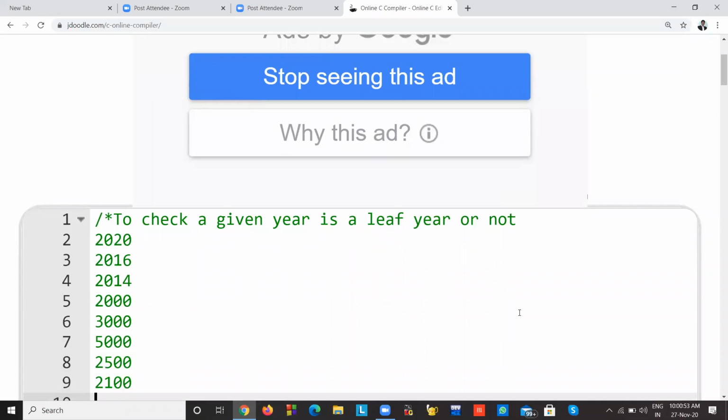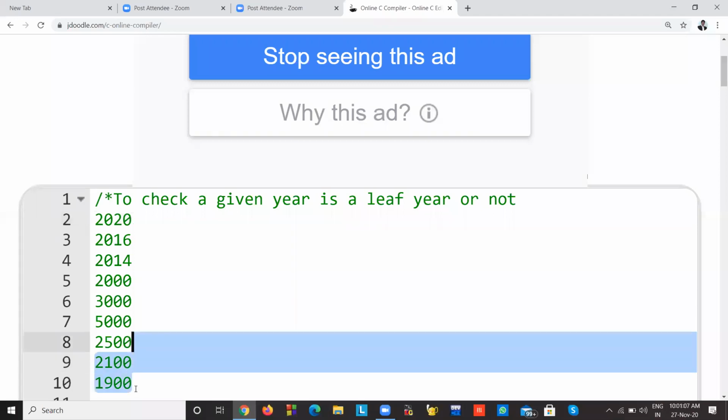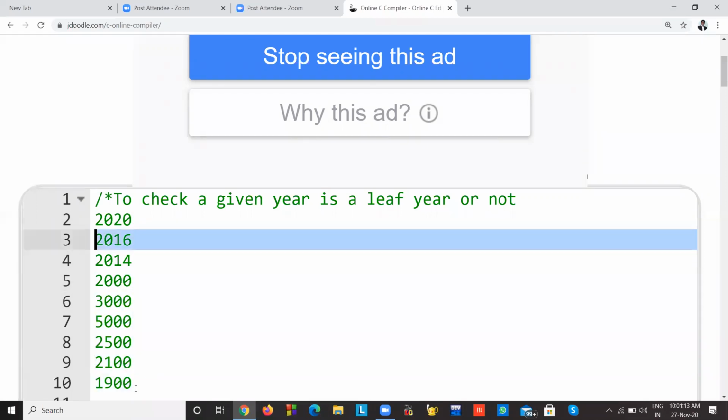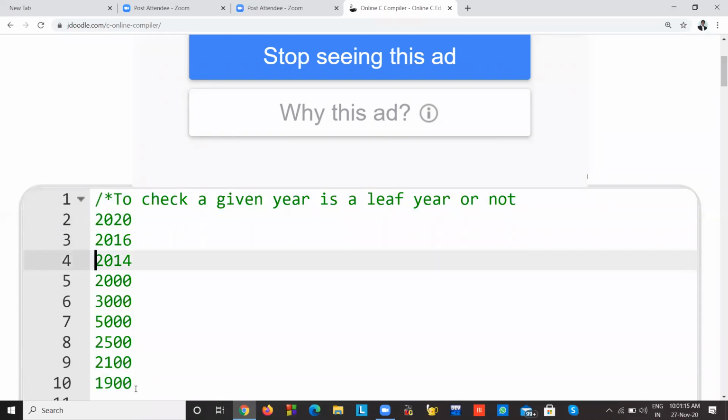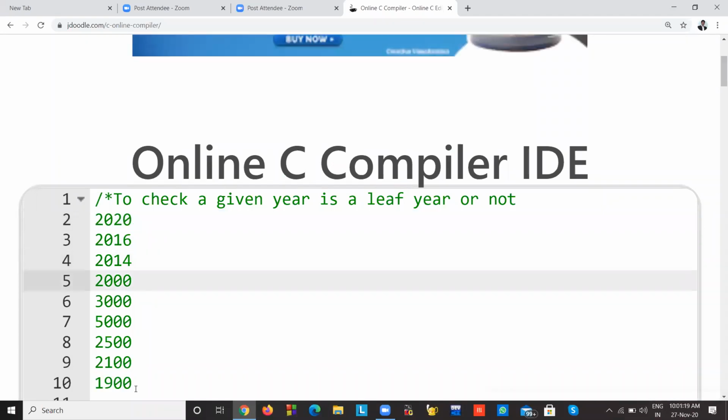These are called century years. Generally, we have two types of years, century and non-century years. The ones I highlighted are century years, and the remaining, like 2014, 2016, 1999, are non-century years.